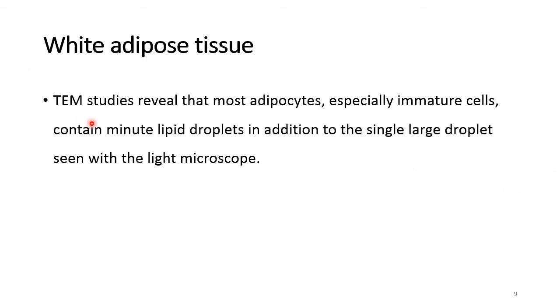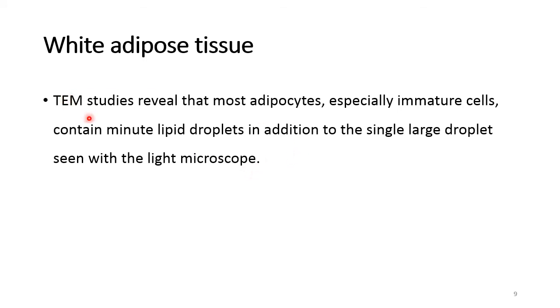Transmission electron microscopy studies reveal that most adipocytes, especially the immature cells, contain minute lipid droplets, in addition to the single large droplet seen with the light microscope.